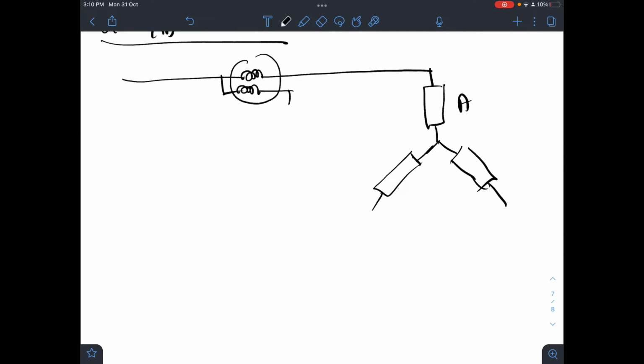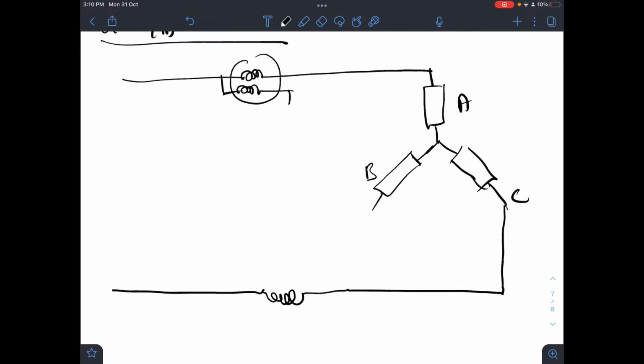This is the A phase, then this is B and this is C. Similar to A, you will have one more wattmeter, and that wattmeter I will connect in C. So this is my connection. Now I have the last phase, which is B.